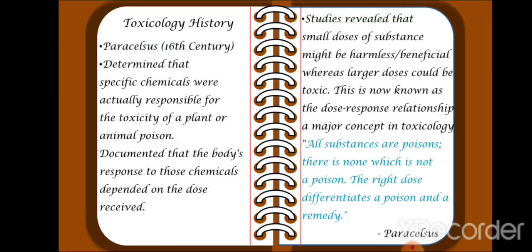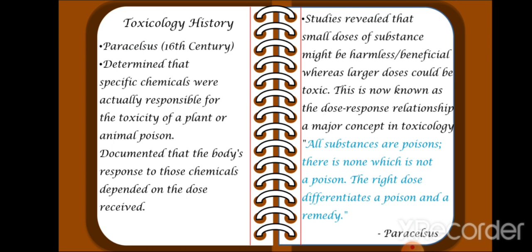In the 16th century, Paracelsus determined that specific chemicals were actually responsible for toxicity of the plant or animal poison. He documented that the body responds to those chemicals dependent upon the dose received.